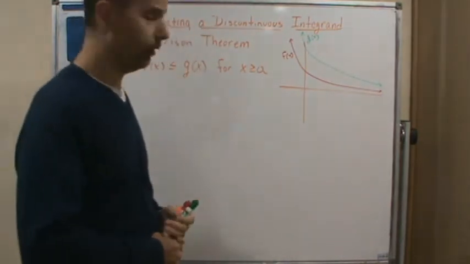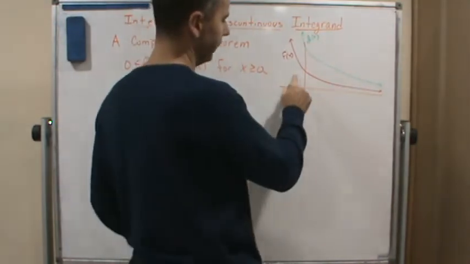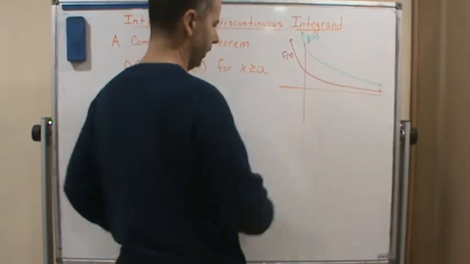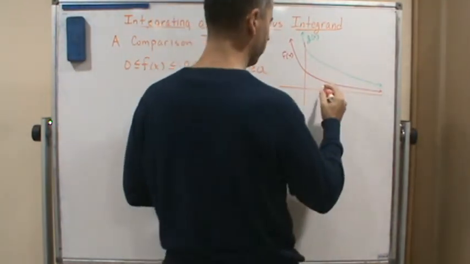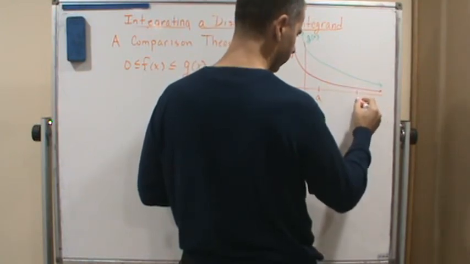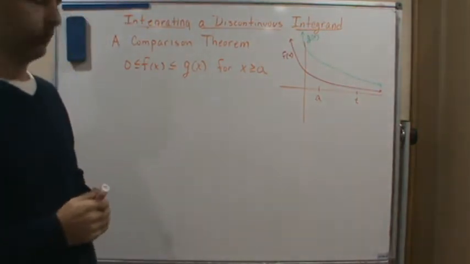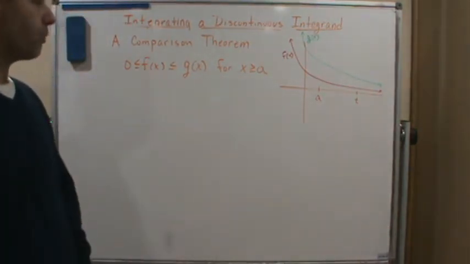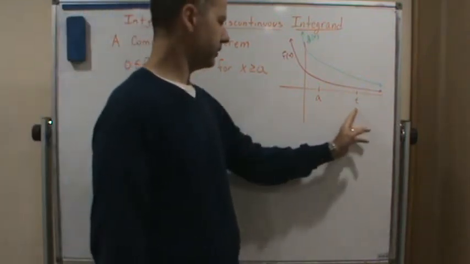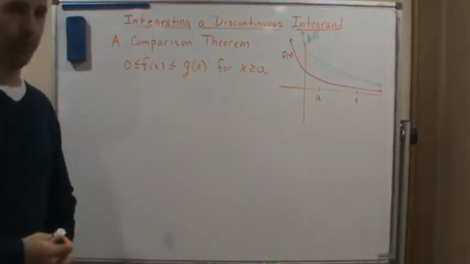Now if we're talking about integration, we can look at the areas and compare the two areas under each curve over the interval from a to some value t. And we can see, as t goes to infinity, how are these areas behaving?